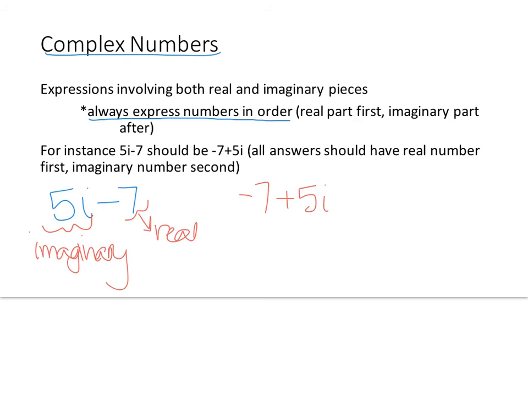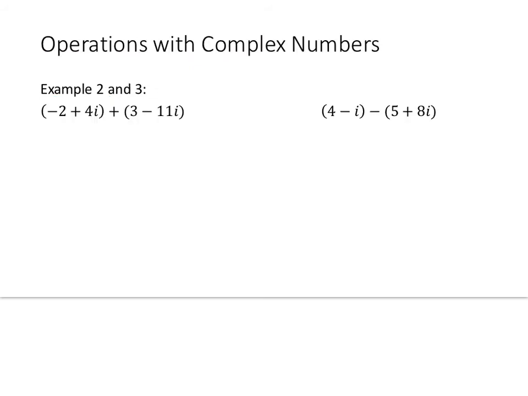So in this next thing you have to do, you need to make sure that all of your answers have the real part first and the imaginary part second. Because now what we're going to do is operations with complex numbers. So again, you see this -2 is real, and that 4i is imaginary. In this problem, I am adding these two complex numbers together. Just like with normal variables, we can only combine like terms.